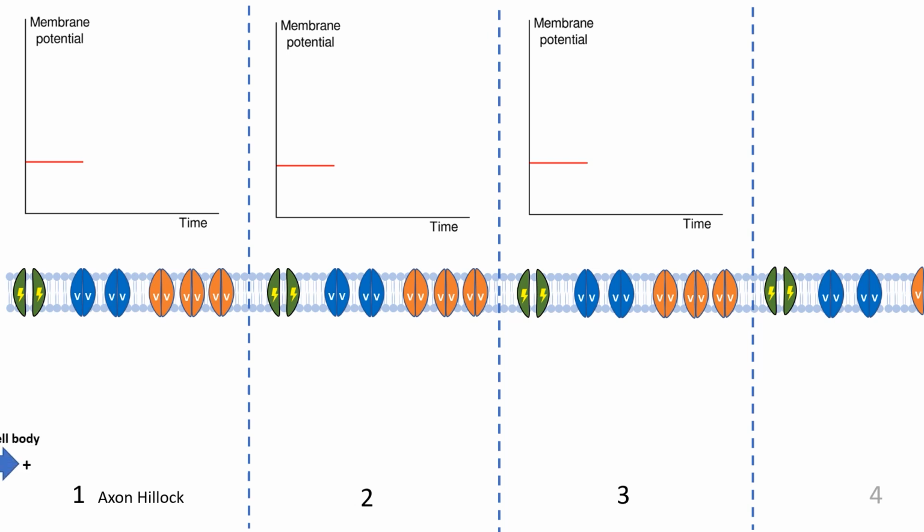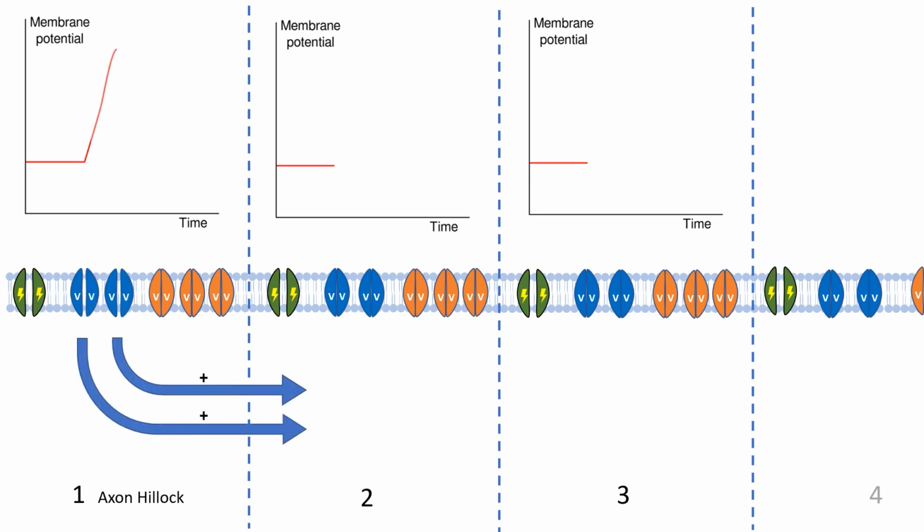Sodium ions flowing in from ligand-gated channels in the dendrites and cell body bring the membrane to its threshold voltage. This causes voltage-gated sodium channels to open, causing the area to fully depolarize. Note that much of this sodium diffuses down the axon towards the right.